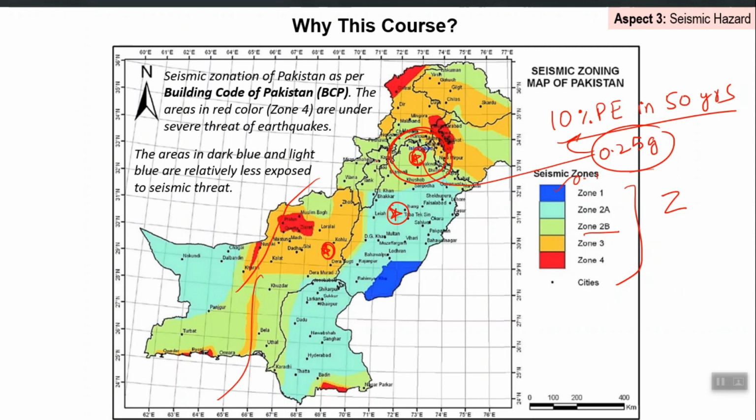So each number on this map has a 10% chance that in the next 50 years the actual PGA is more than that number, right? So if you design for 0.25 g following a particular hazard map which has this definition on top, there is a 10% chance that you may experience a higher number in the next 50 years, right?